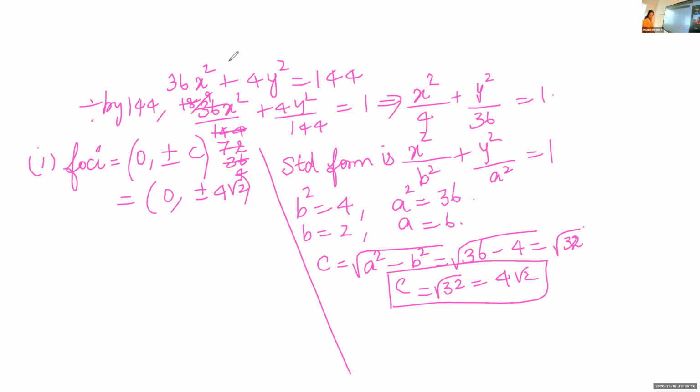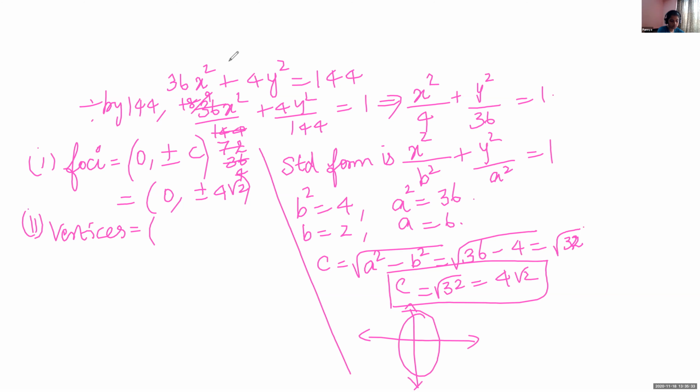And what is the second one asked? Vertices. Where is the vertex lying, children? In this second case, the figure will be coming like this, isn't it? Vertex means the point where the major axis cuts the ellipse.